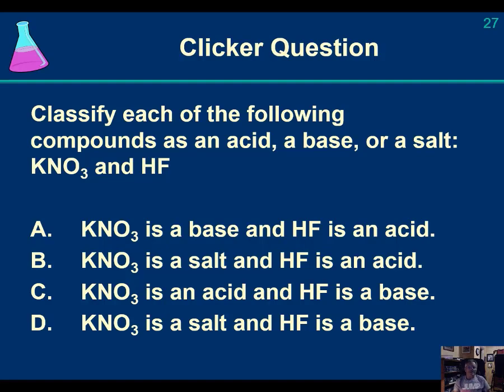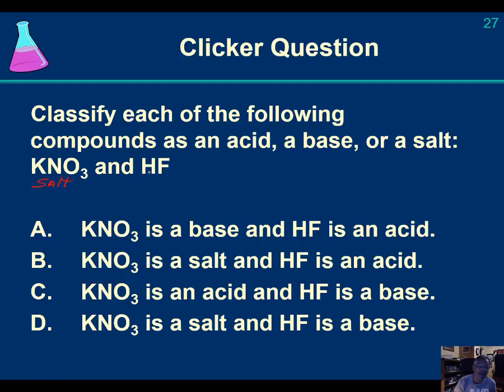All right, let's ask this question. Classify each of the following compounds as an acid, a base, or a salt. And so we have potassium nitrate. You remember acids, they have hydrogen in them, so it's not an acid. The bases that I've given you, other than ammonia, have OH minus in them, and so it's not one of those. So this must be a salt.